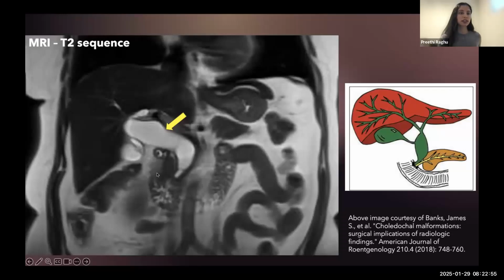And so something like this on ultrasound or even on CT, I think we would be able to maybe come to the same conclusion on CT, but I think on ultrasound can be a little challenging. So for choledochal cysts, I think ideal workup would be to actually go straight to MRI, MRCP.